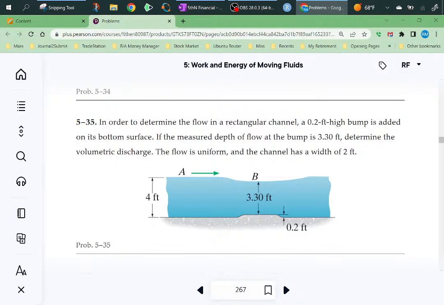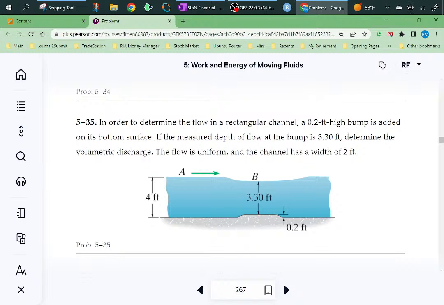This is kind of a good one, but it may take a little longer. In order to determine the flow in a rectangular channel, a 0.2 foot bump is added on the bottom surface.